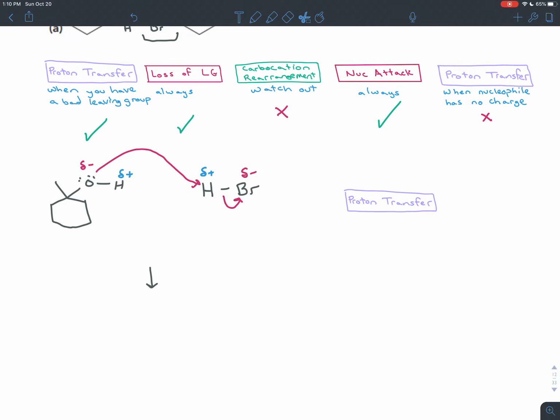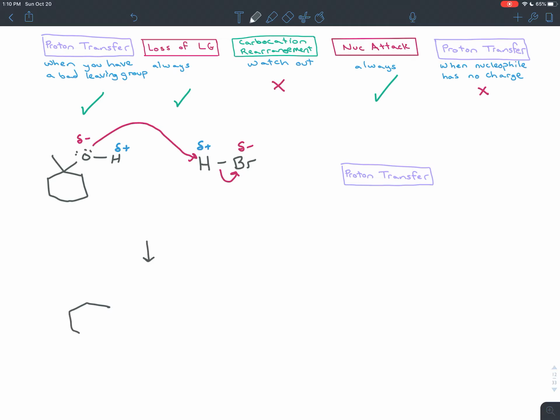Okay, so after the proton transfer, what we have is an awesome leaving group. And we also have the Br minus.